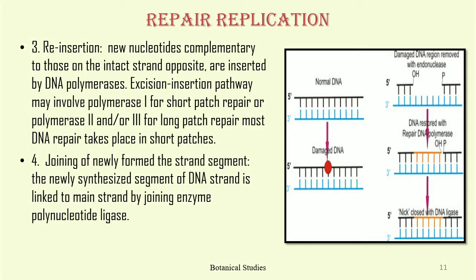Third, reinsertion. New nucleotides complementary to those on the intact strand opposite are inserted by DNA polymerases. Excision-incision pathway may involve polymerase first for short patch repair or polymerase second and or third for long patch repair. Most DNA repair takes place in short patches.